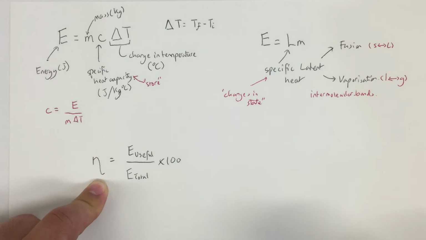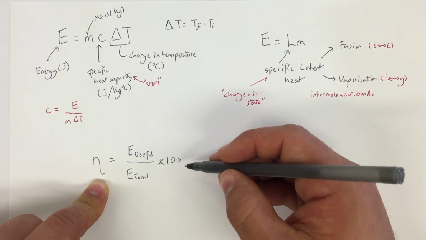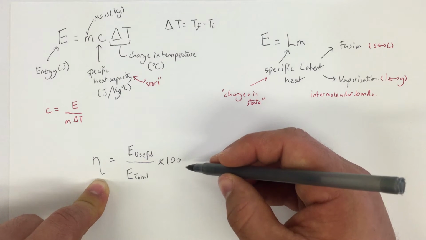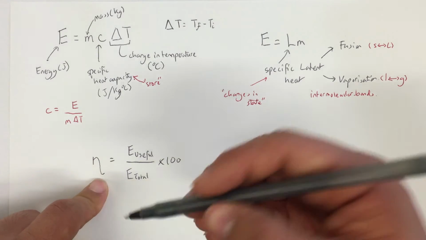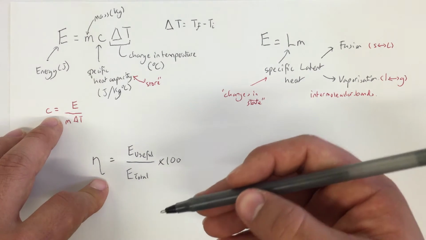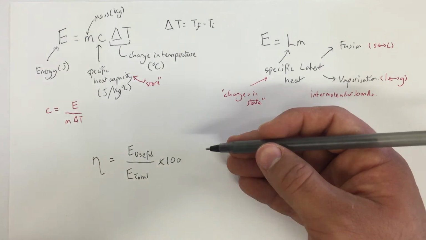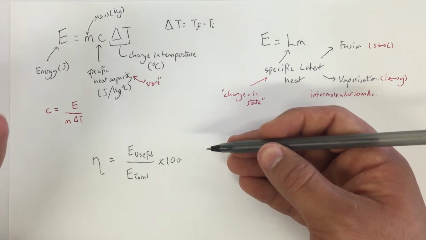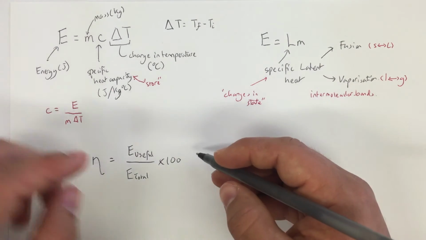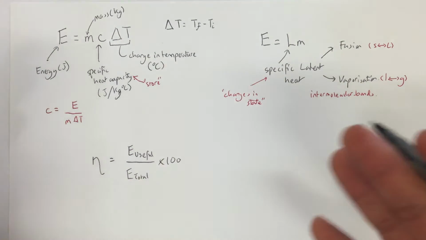So it gives us a measure of how useful a particular device is at carrying out its function. So for example, a light bulb, how much light energy does it give out compared to how much electrical energy goes in.